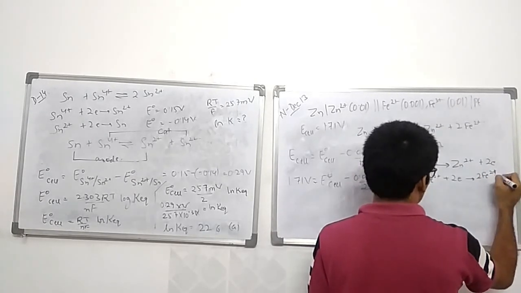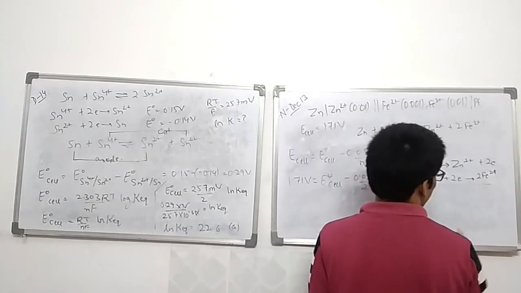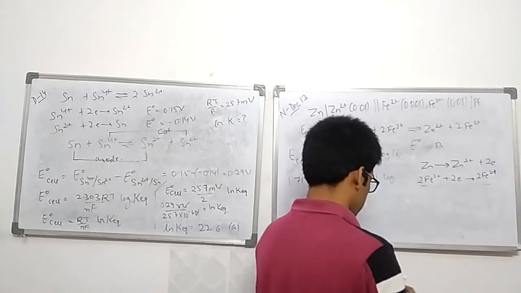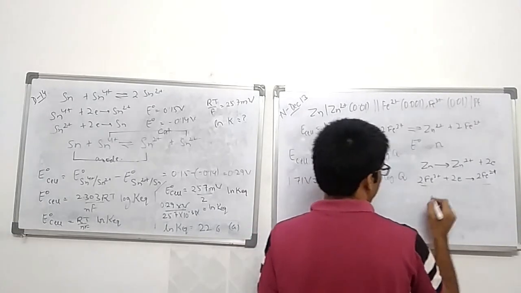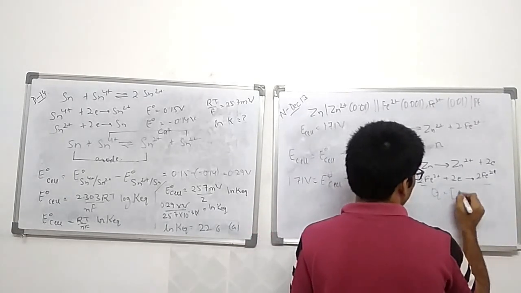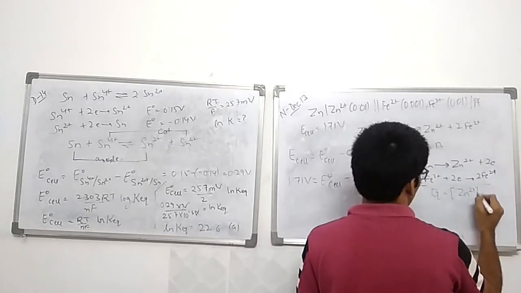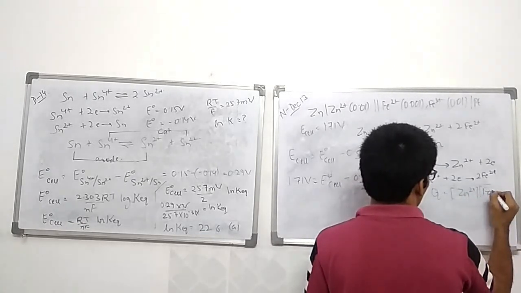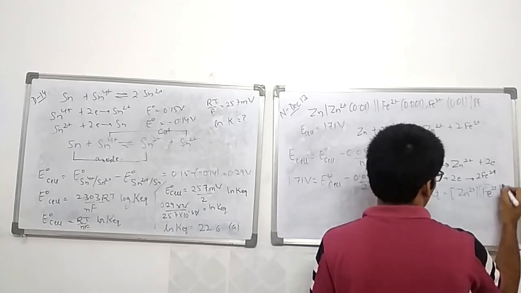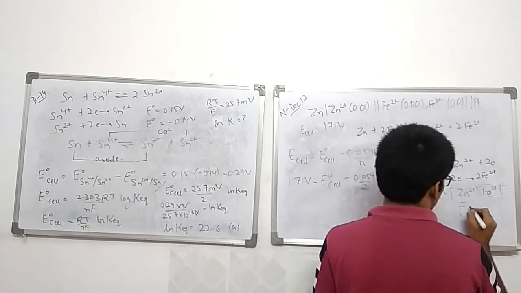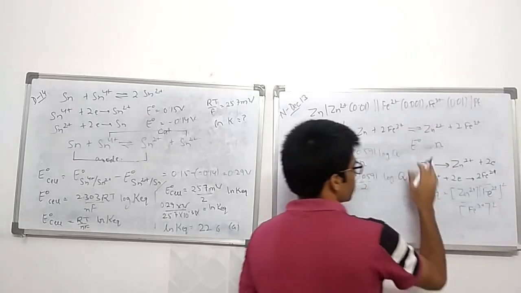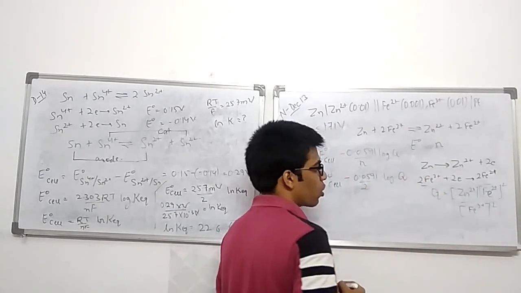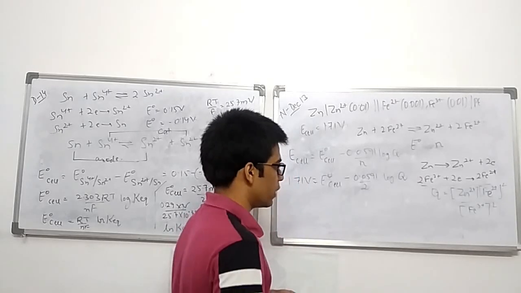So the net cell reaction will have products as zinc 2+ and Fe2+, correct? So I can write, let this be Q, and my Q becomes the concentration of zinc 2+ into the concentration of Fe2+ whole square upon the concentration of Fe3+ whole square. The concentration of zinc is removed because it is 1, as it is solid.